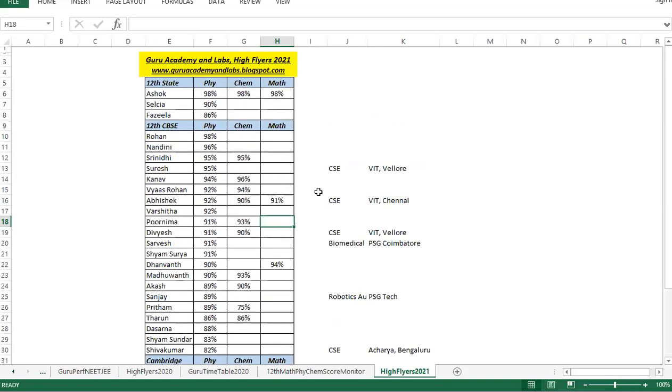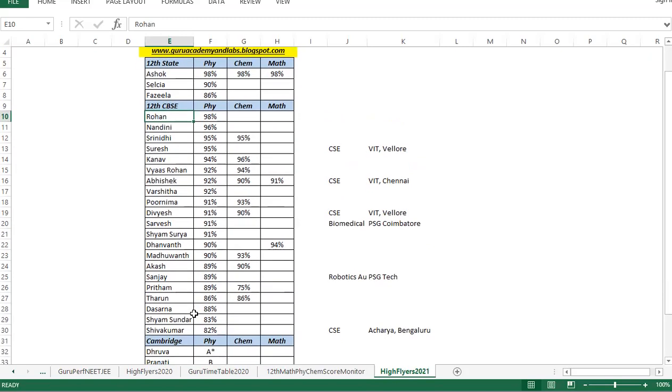Okay. So see, all these students, for example, this guy Rohan is from Yuva Bharati. Some of you may know your seniors. Anybody know any of your school seniors?